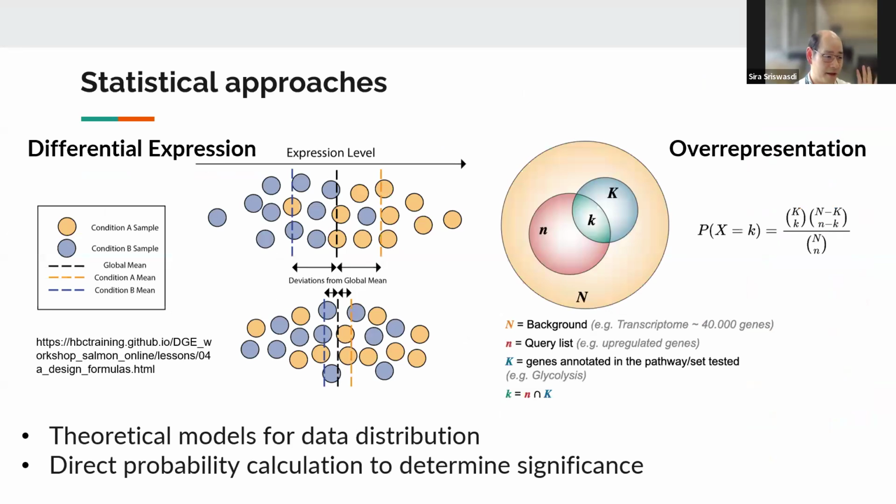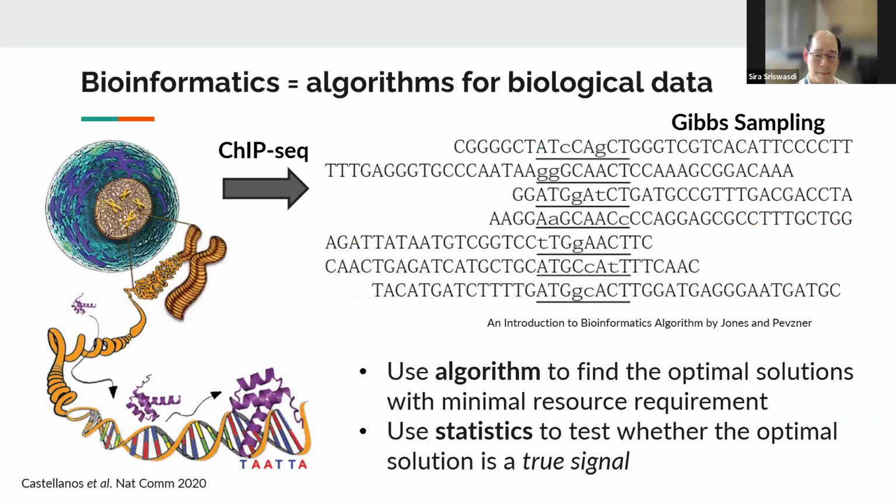And once you have this large amount of data, then you need tools to analyze it. The first that we talked about is statistics. And more that we will talk about will be the bioinformatics algorithms that we use to understand how we know that the TATA box is a TATA box. How do we know that it's a TAATTA?